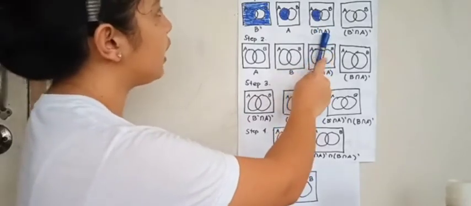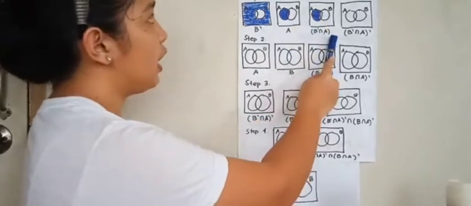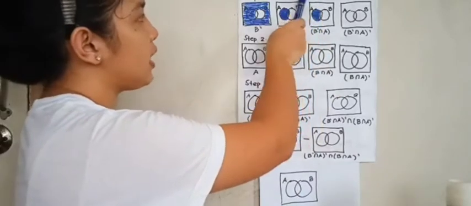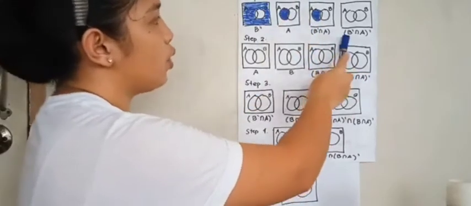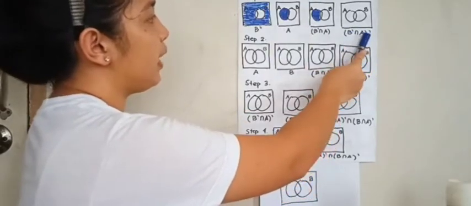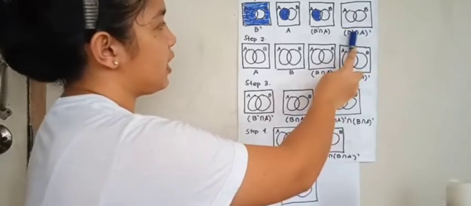This is B complement intersect with A. So after that, there is a complement outside the parentheses. So we need to find the complement of this. So complement, what is outside of this?